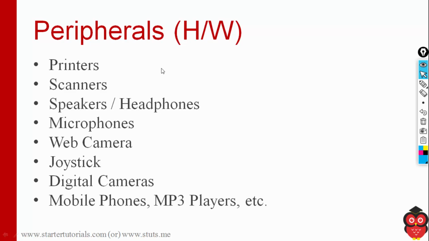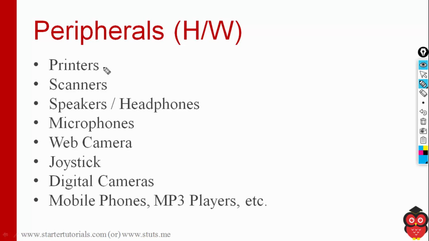Let's talk about peripherals. Whenever we buy a computer, generally we see a monitor, a keyboard, a mouse, and a CPU cabinet. Apart from these things, if we buy any other devices and attach them to a computer, we call them peripherals.